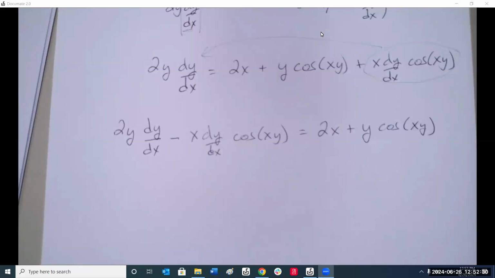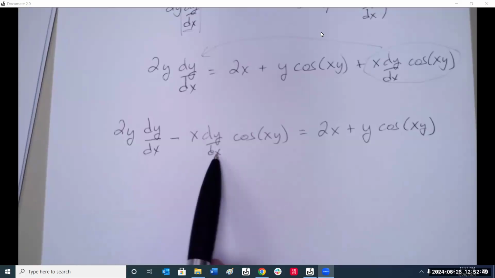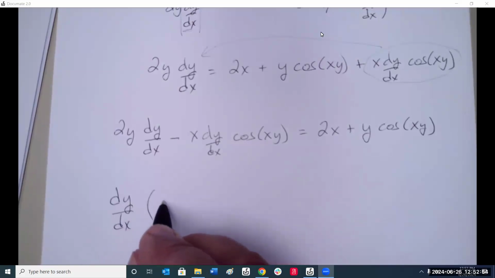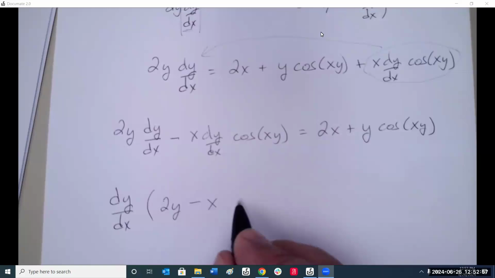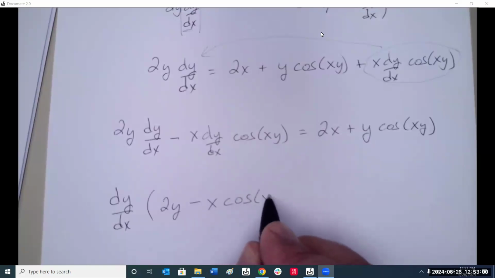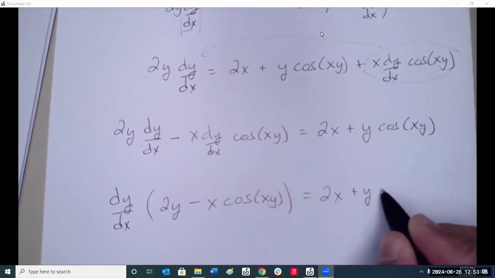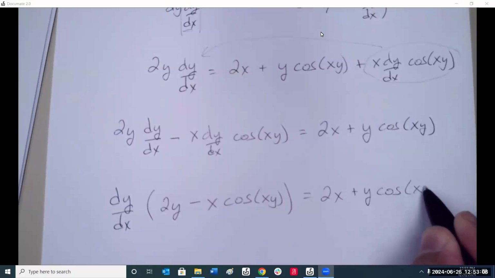How do we isolate it? On the left-hand side, we have dy/dx in both of those, so we can factor out the dy/dx. Gives us 2y minus x times cosine xy equals 2x plus y cosine xy.